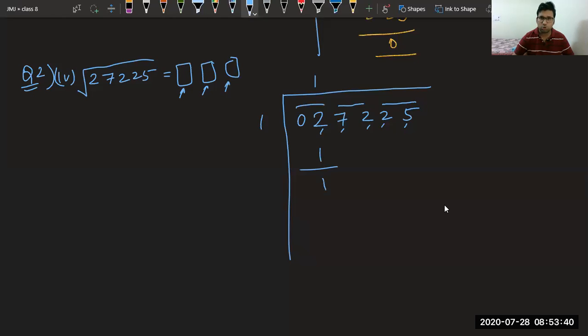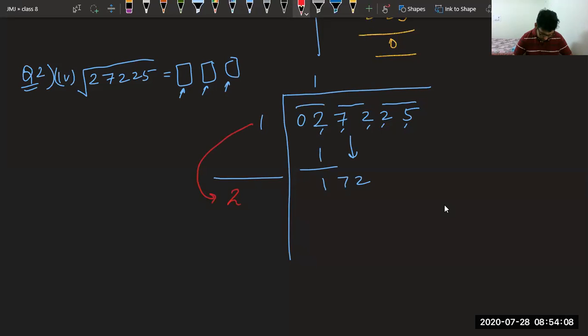Remainder is also 1. 72 will come down. Now second step. We will make this 1 twice. It becomes 2. Now which number shall we take which gives a number either equal to 172 or just less than that? Please tell me.